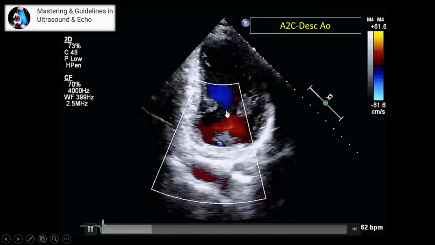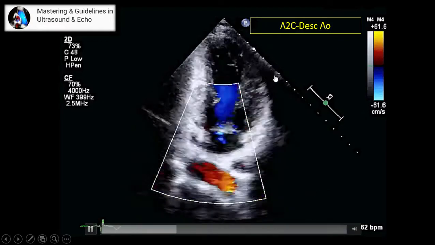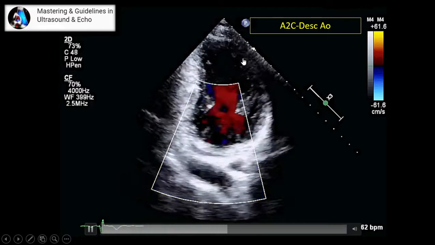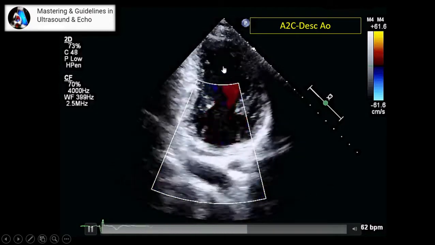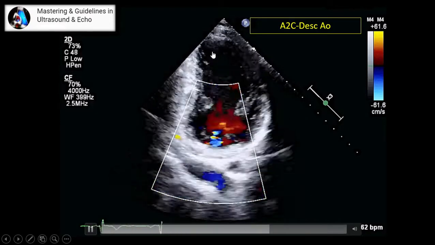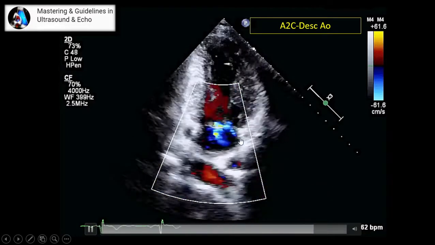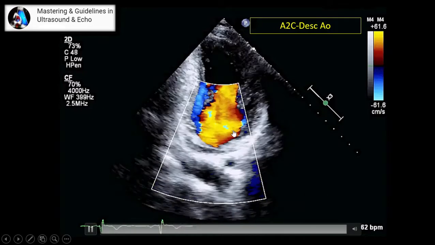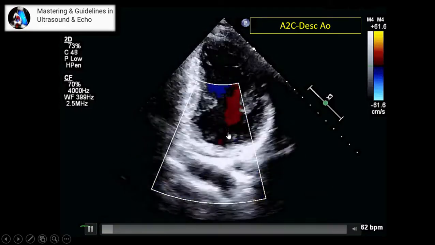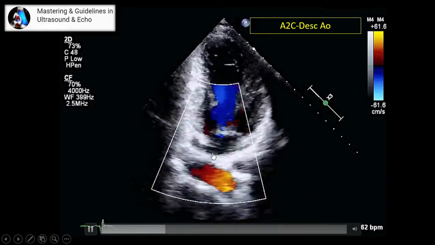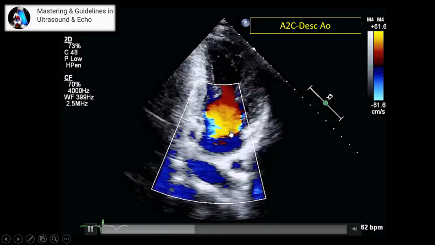Here we have off axis of the apical 2 because we are not going in this axis, right? This axis is for evaluating ejection fraction or wall motion. We are just going to check for any jet, any abnormal jet. So with a little fanning, you will see here I lose the left atrium, but my jet is very clear.